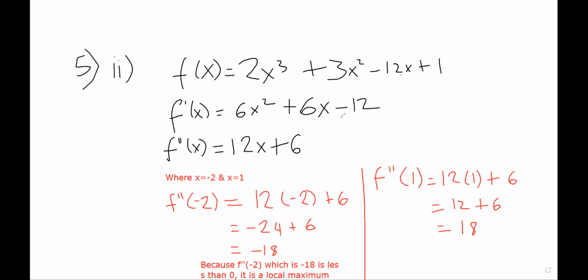Right. So is 18 less than or greater than 0?